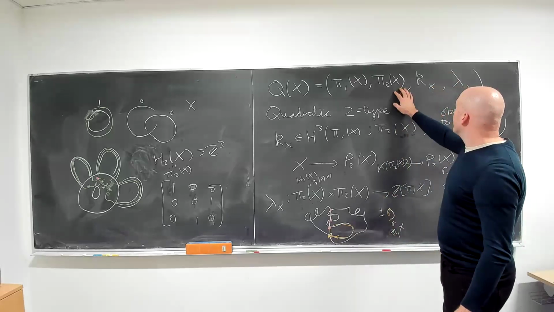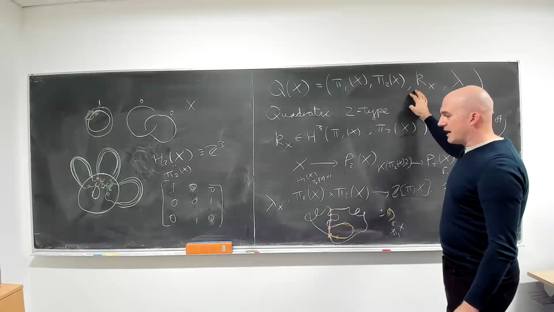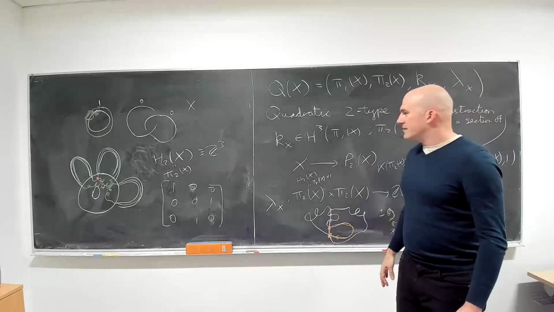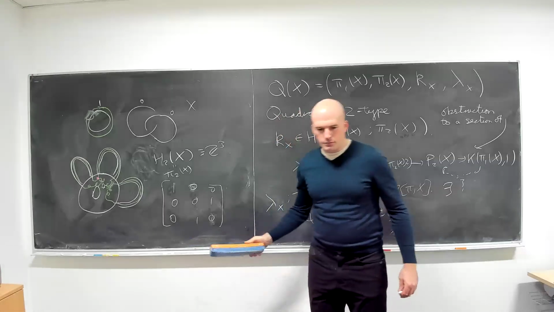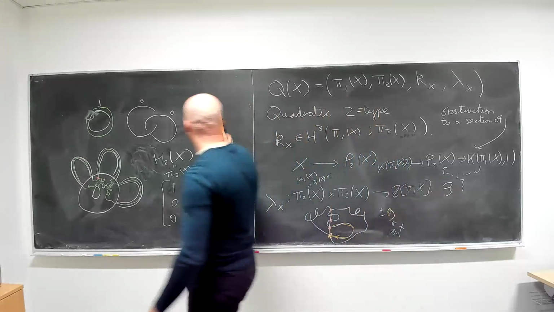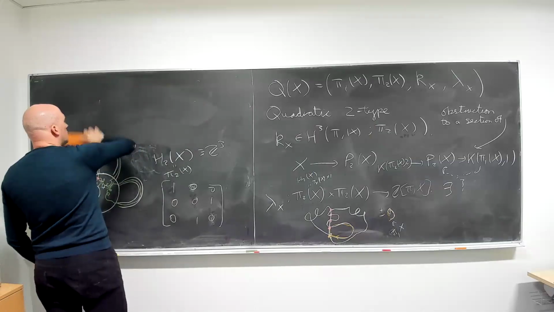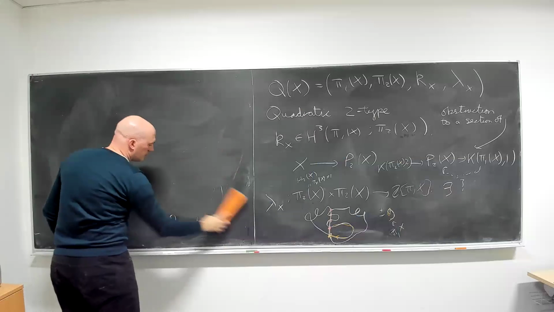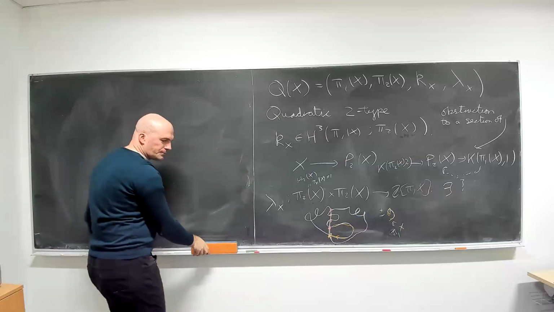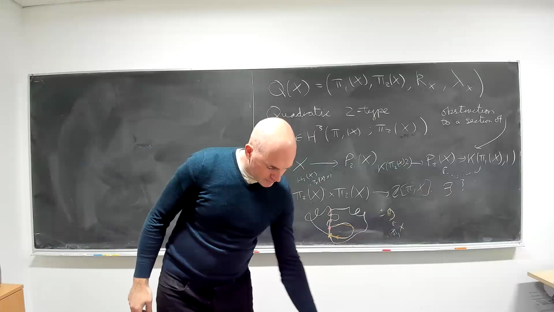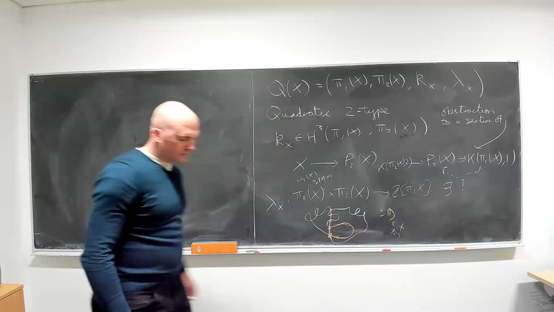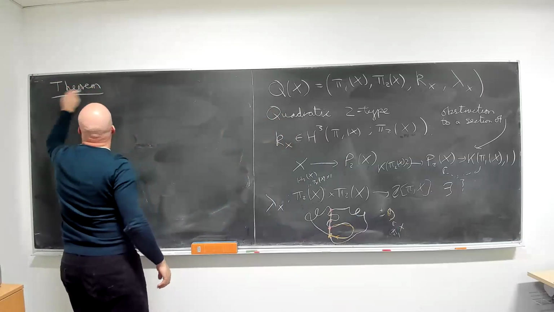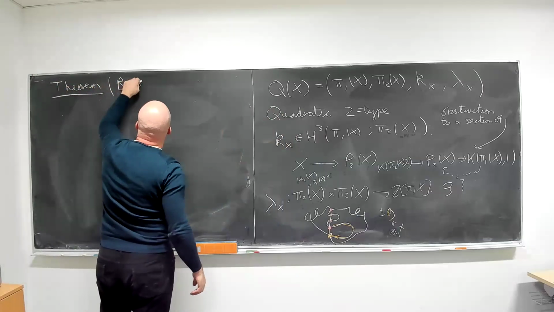I'm not saying that this is always very easy algebraic stuff to understand and work with, but it's sort of fundamental data that one has. Let me tell you the key theorem about it.